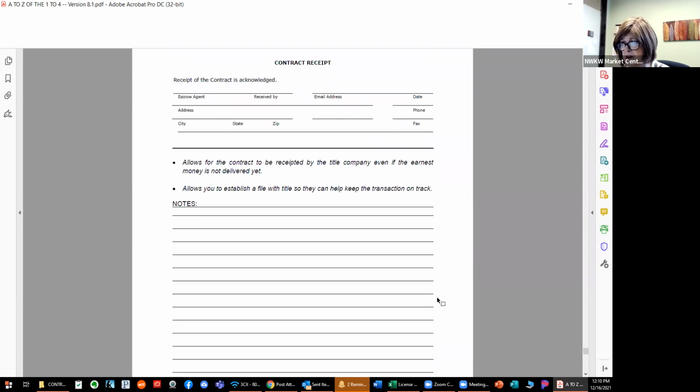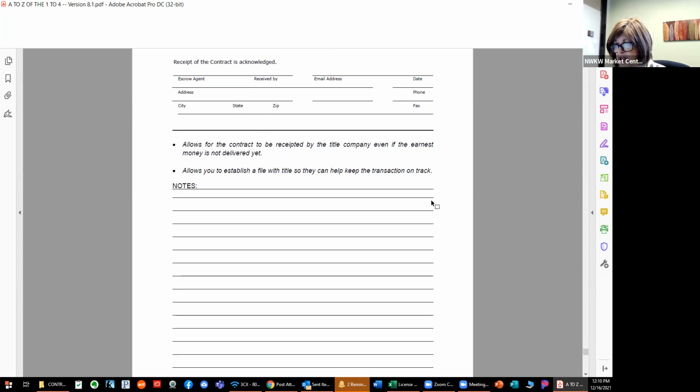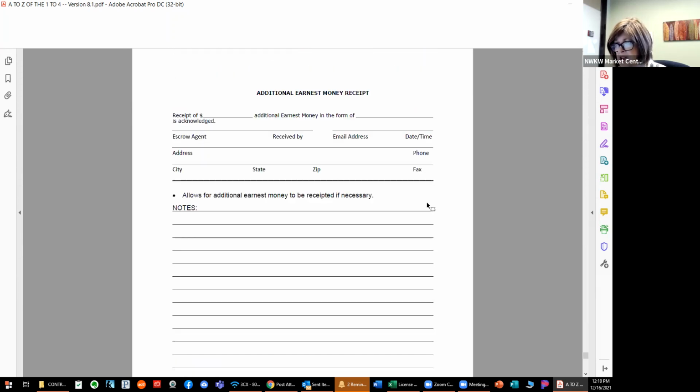And also contract receipt. Sometimes you want to deliver the contract to title, but you don't have the checks, and you just want to make them aware it's coming, so they can receipt just the contract if you wanted to do that. Also, if there was additional earnest money receipted, that needs to be receipted on here. And why would you need additional?